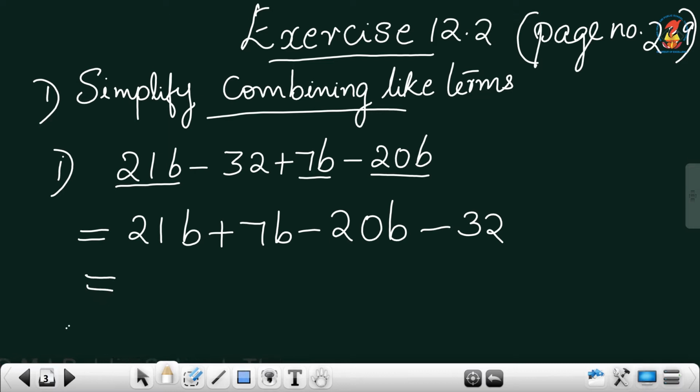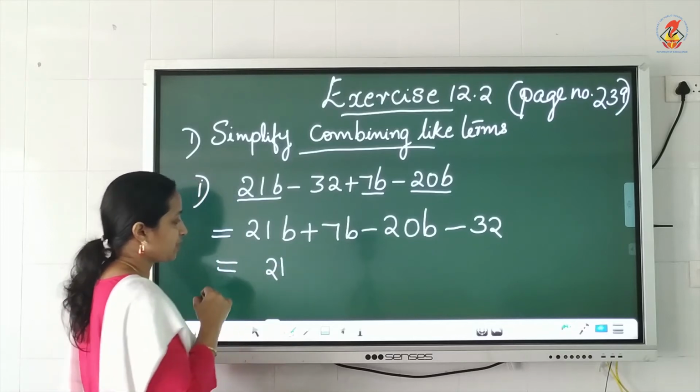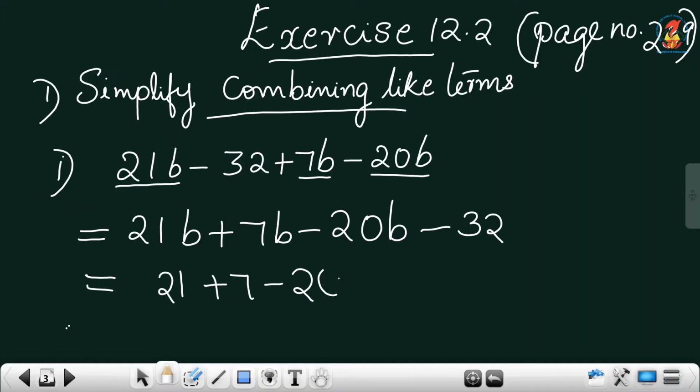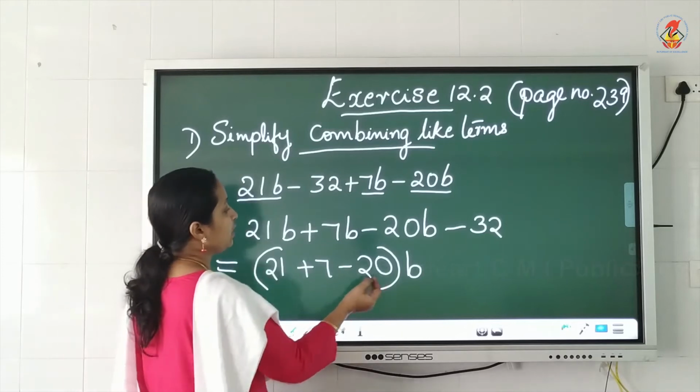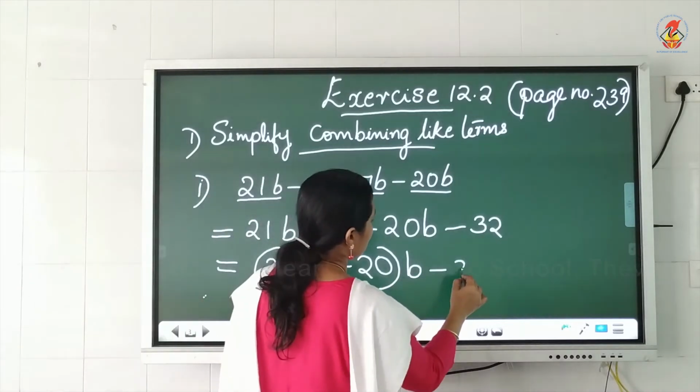First you take the numerical coefficients: 21 plus 7 minus 20. And b is a common variable, so we can take that b outside and write the numerical coefficients like this way. Then minus 32.